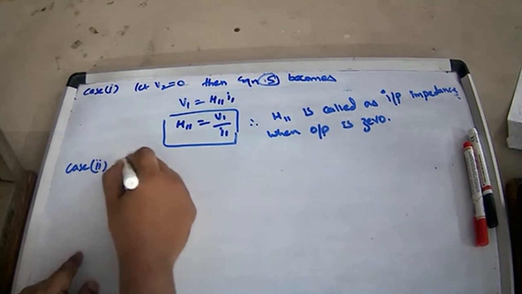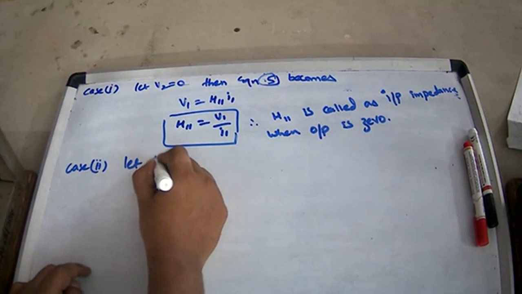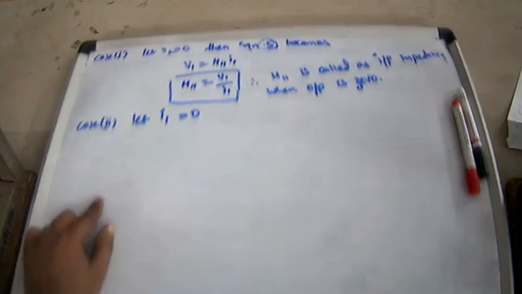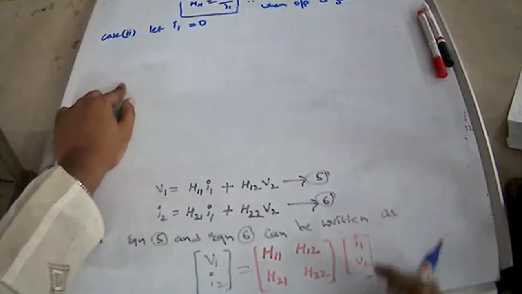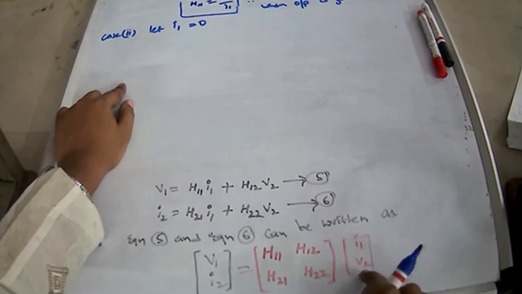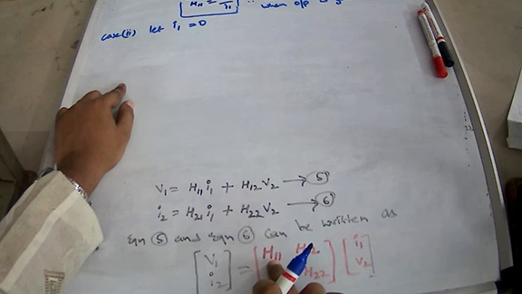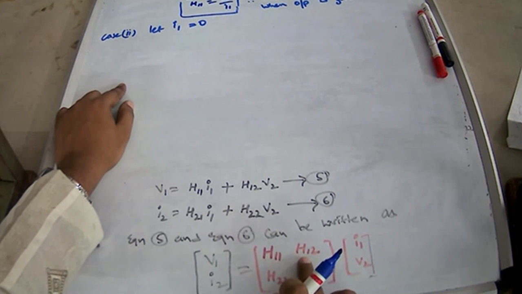Case 2, let I1 is equal to 0. So here I1 and V2 was there. First we said V2 is equal to 0. Next we will be saying I1 equal to 0. When I1 equal to 0, H11 value will become 0. Only H12 value will get.